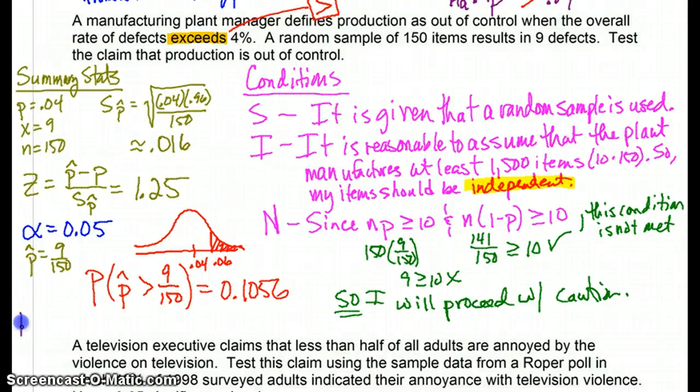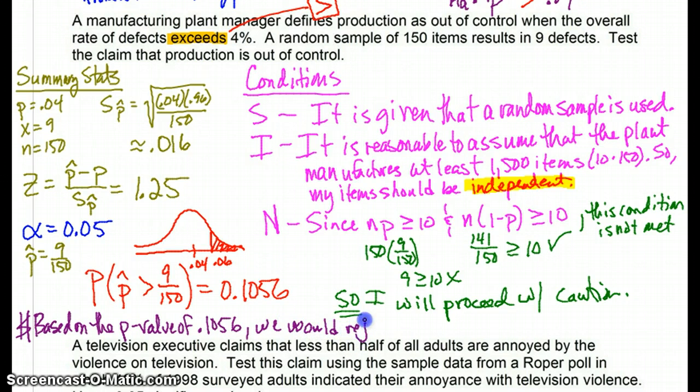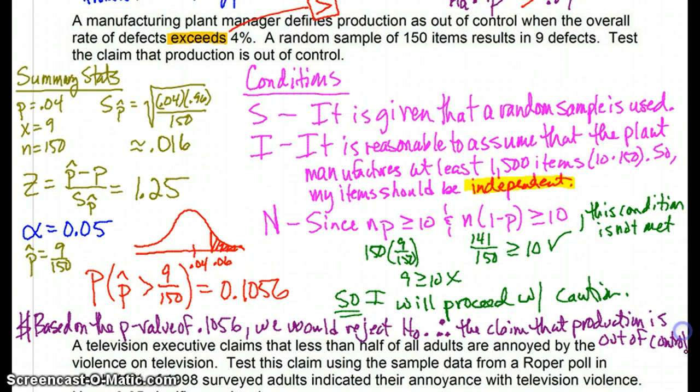Money statement says, based on the p-value, we would fail to reject H sub O. Therefore, the claim that production is out of control is not supported.